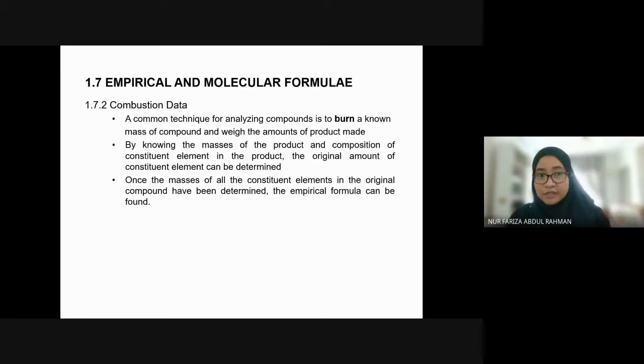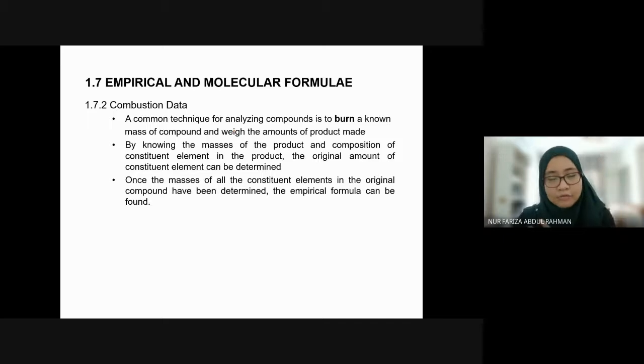The one that we did just now for empirical formula is the simpler version. This is a little bit more complicated than the previous one.